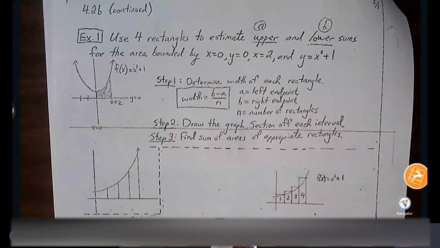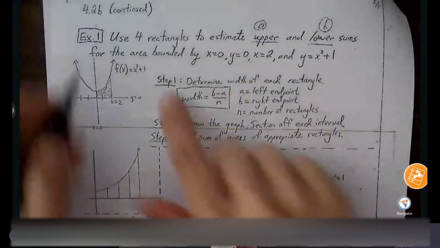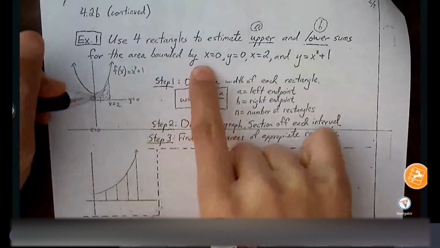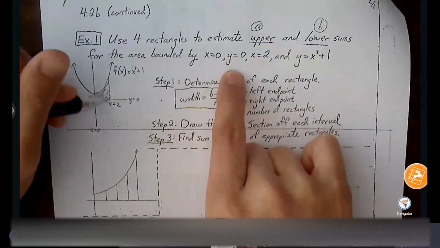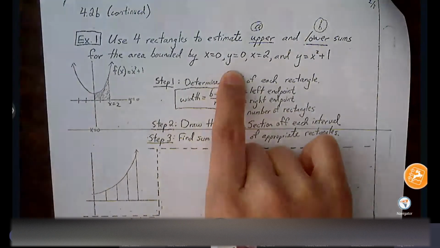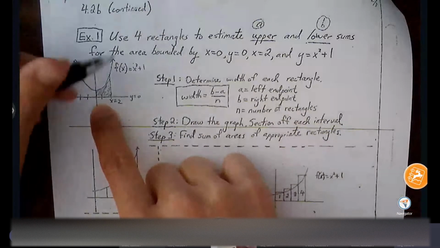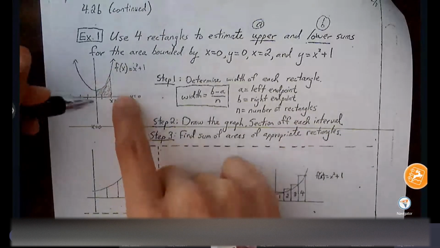Use 4 rectangles to estimate the upper and lower sums for the area bounded by x equals 0, y equals 0, x equals 2, and y equals x squared plus 1. So here is the curve. Here are our boundaries.